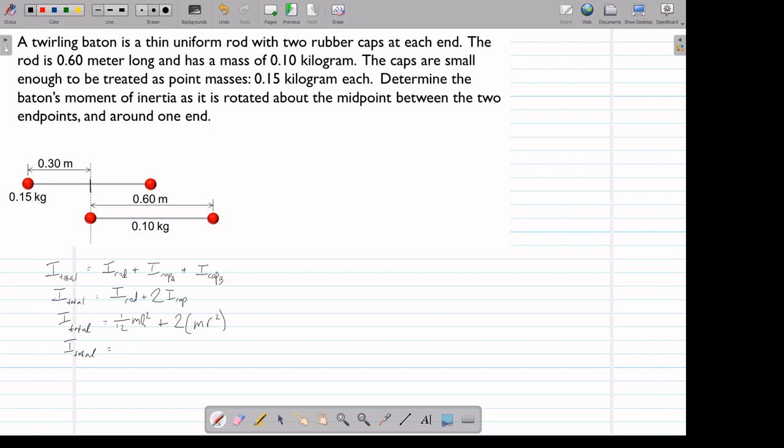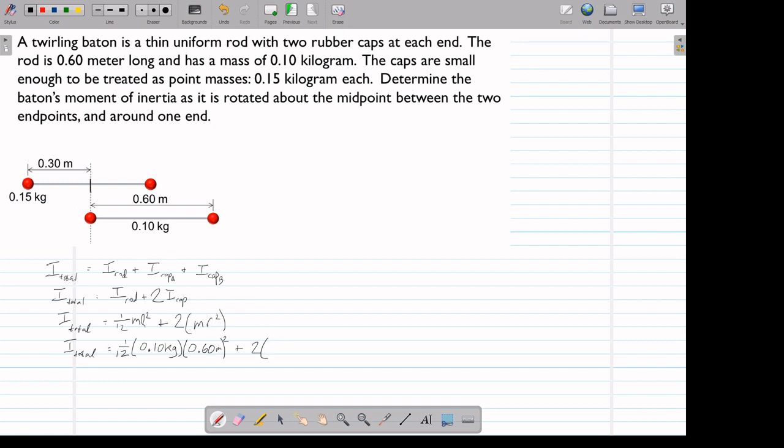So I total is equal to 1/12 times the mass of the rod. The mass of the rod was told to be 0.10 kilograms, times the length of the rod, which is 0.60 meters, and then we must square that, plus 2 times the mass of the end caps.